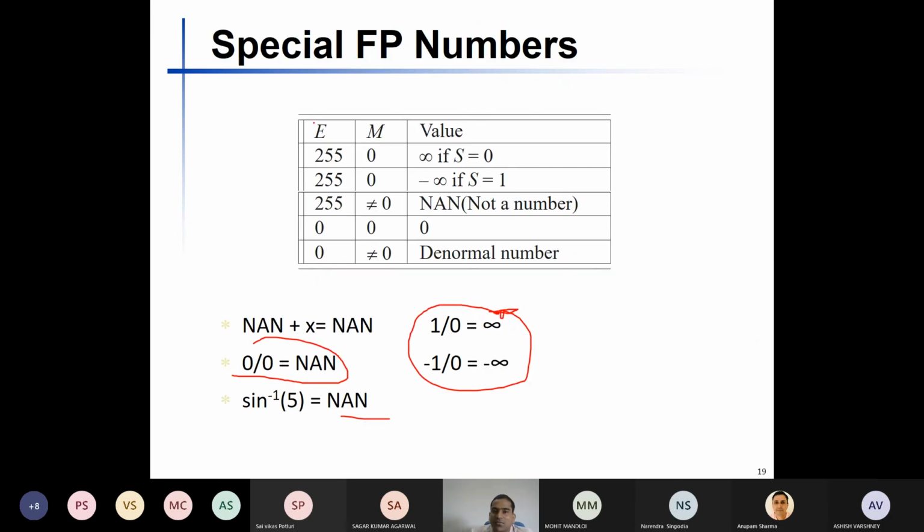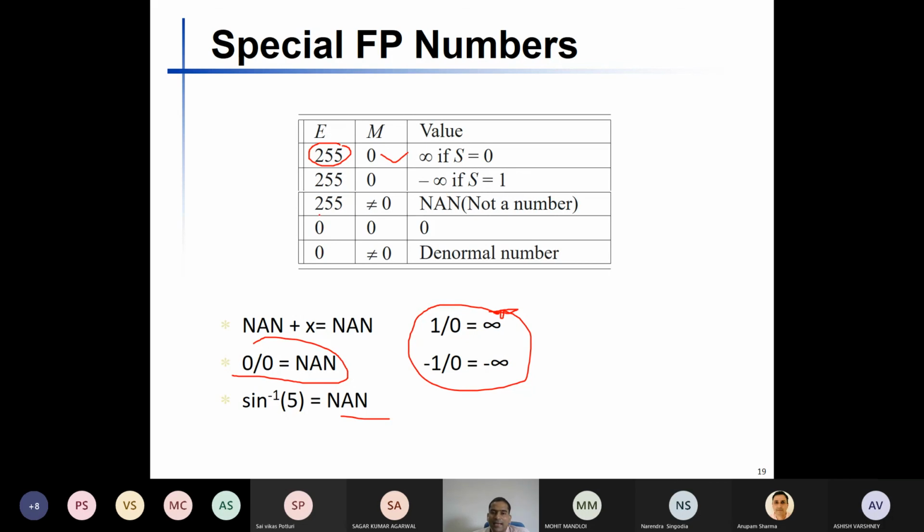This is just the summary of single precision. If all exponent bits are 1 but the mantissa or fraction is all 0, then it is infinity. For NaN, we don't call it positive NaN or negative NaN, but for infinity, we can call it positive infinity or negative infinity.